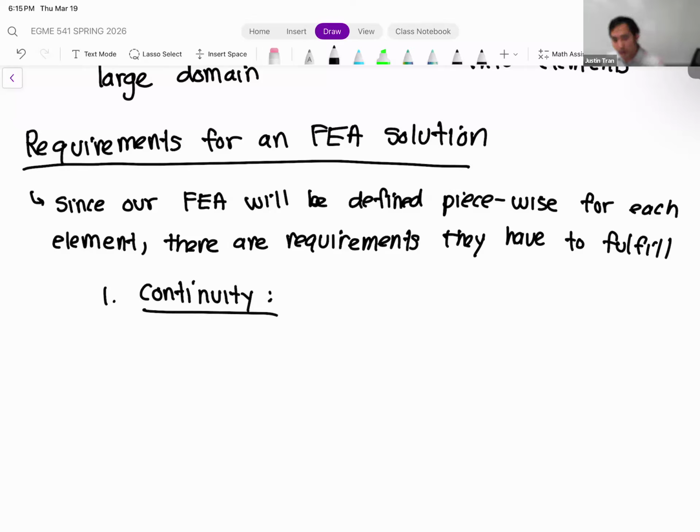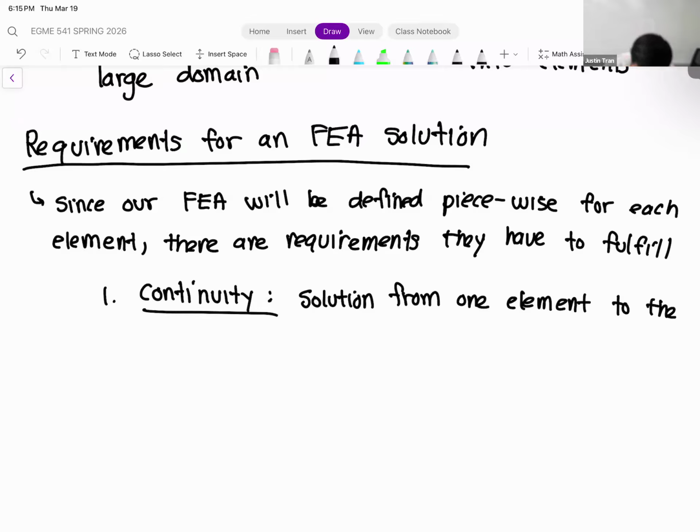So going from one element to the next, your solution value should be continuous. So there should not be any sharp discontinuities in your solution.